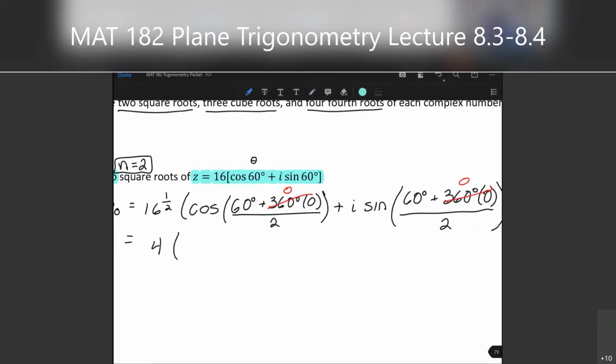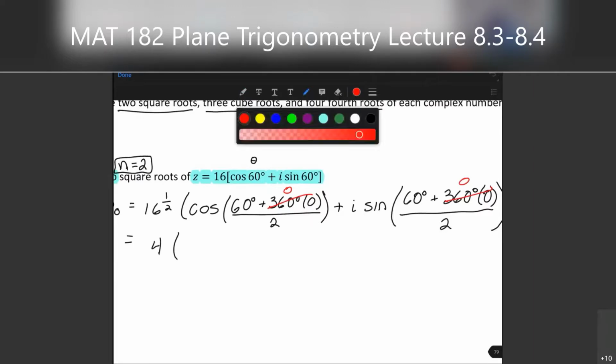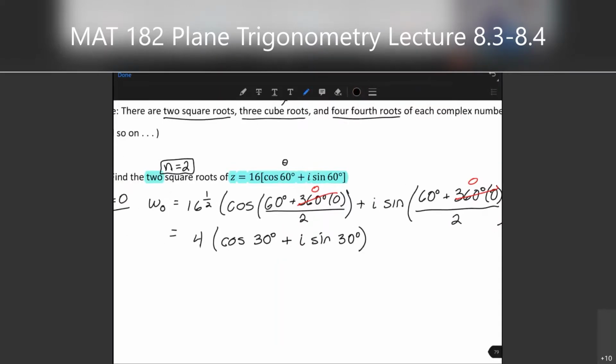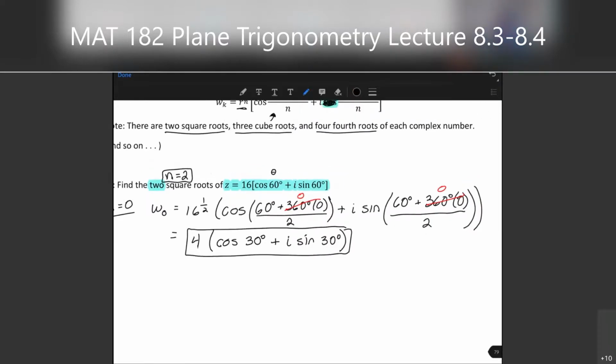So we'll be left with cosine of 30 plus i sine of 30. So there is one of the roots there. We have one of the two square roots for that trigonometric form.